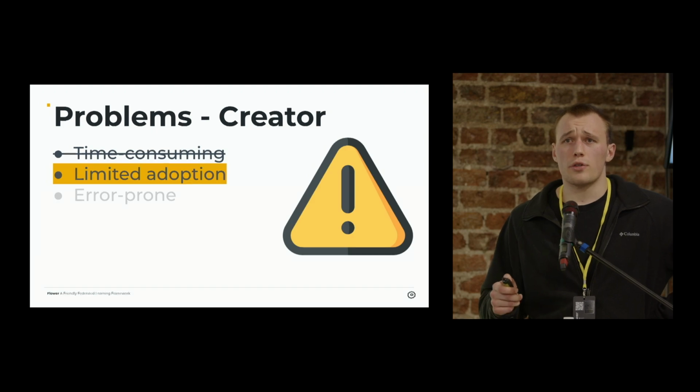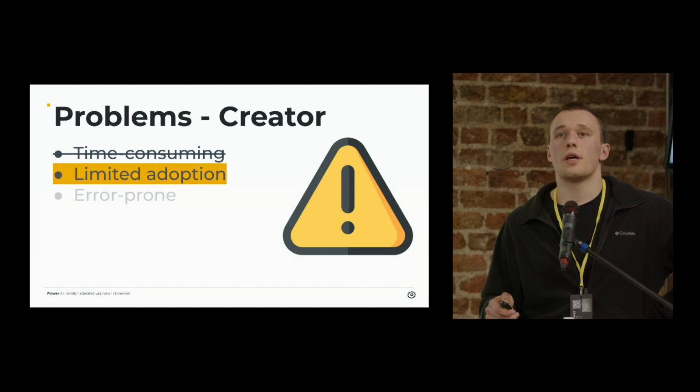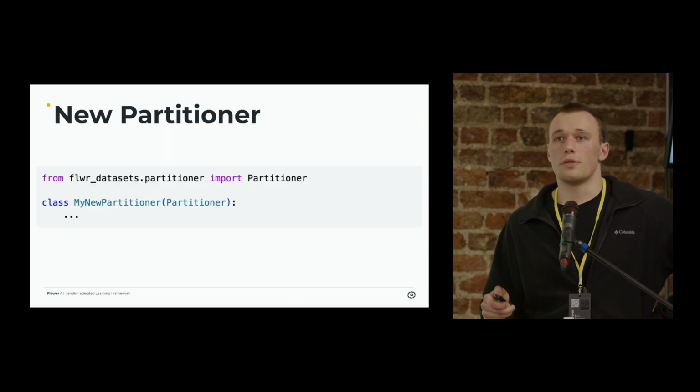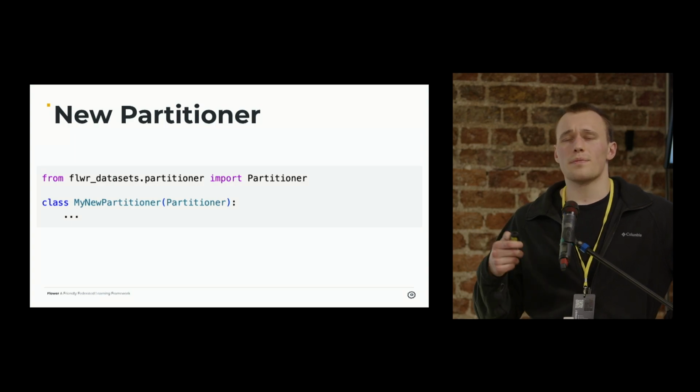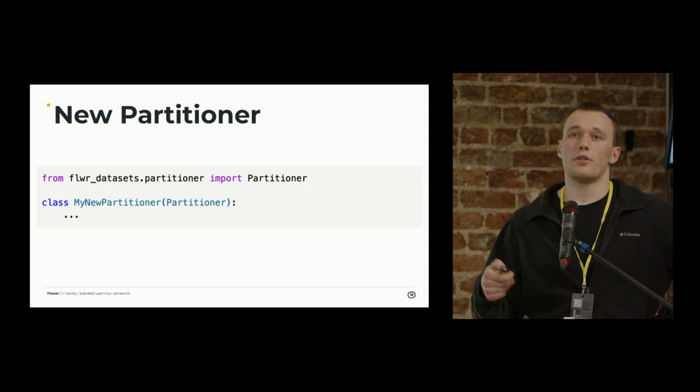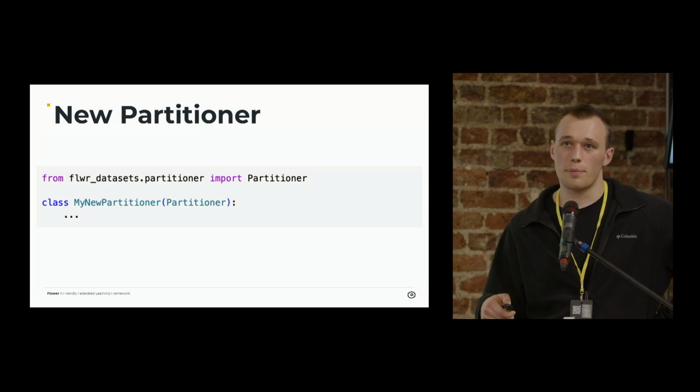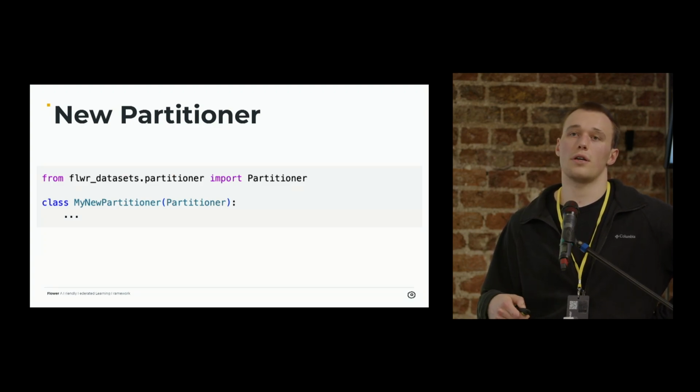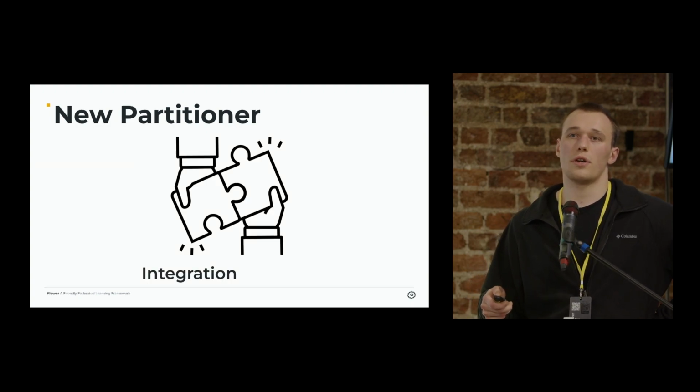Here we go, framework specific, and that also goes with limited adoption. And it's definitely not the case because you might create your new partitioner by simply subclassing the partitioner abstraction, implementing the load partition method, and you create the indices or whatever you need in your custom way.